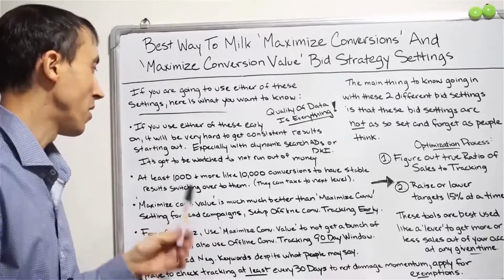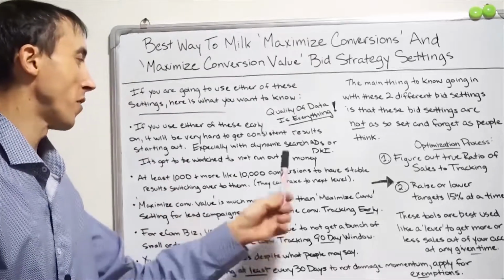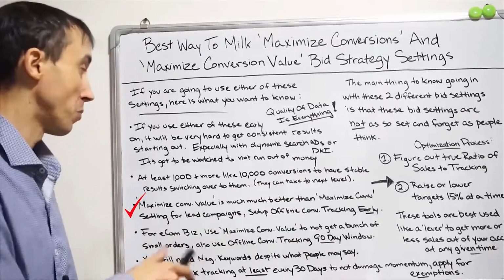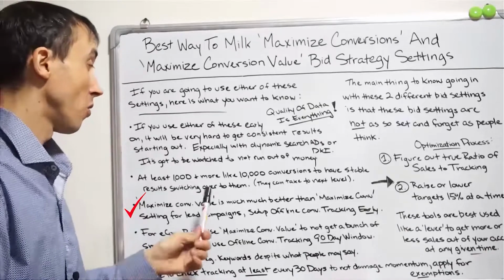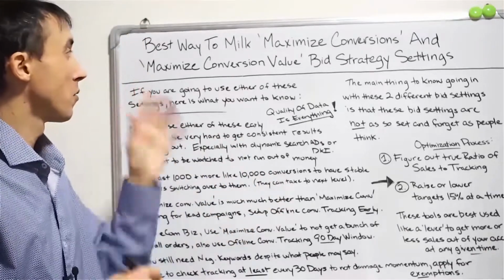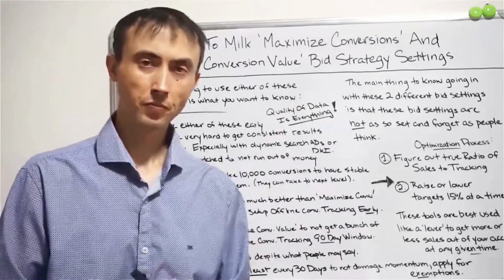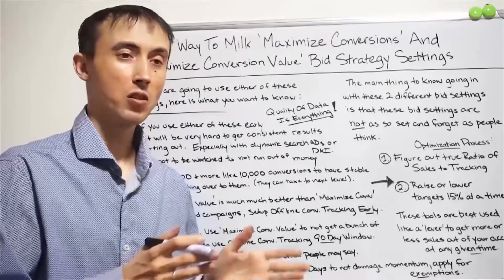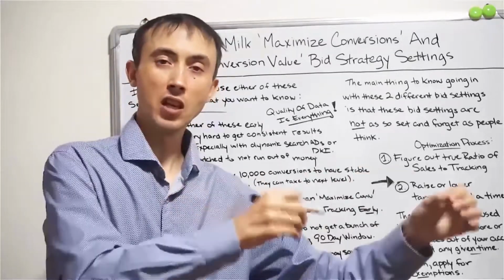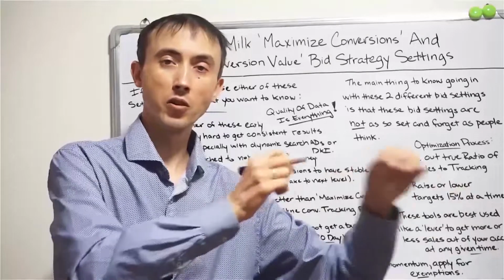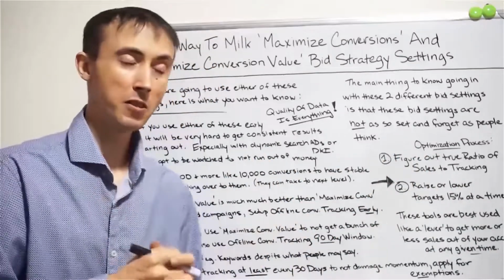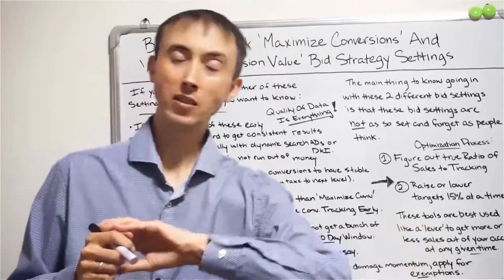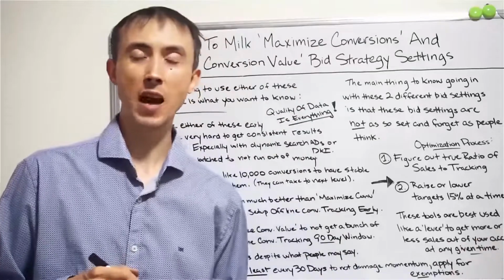Maximize conversion value bid strategy setting is much, much better than maximize conversions bid strategy setting for lead campaigns particularly. Because if you use maximize conversions with a lead generation campaign, a lot of times if somebody types in "free" and then whatever product or service you're generating leads for, it will recognize the cost per conversion was real cheap, and then it'll right away start dumping all the free traffic on you.